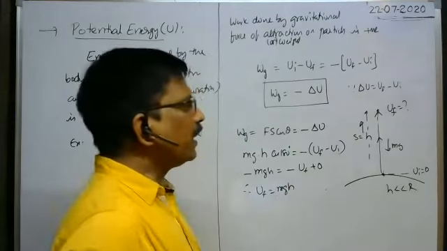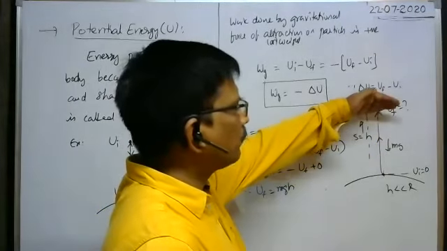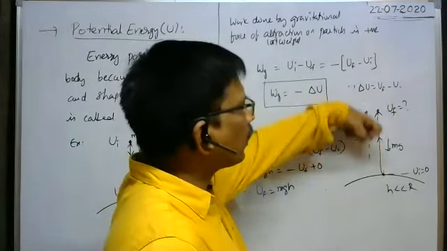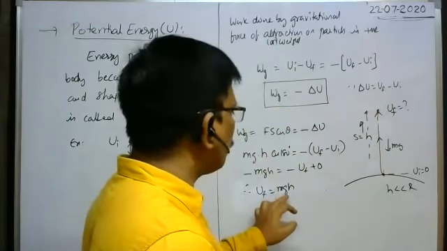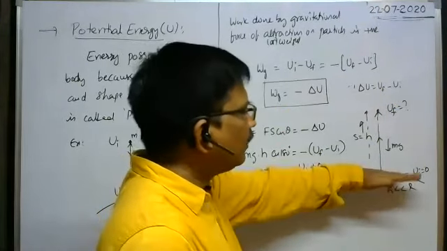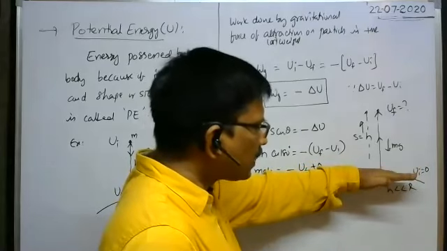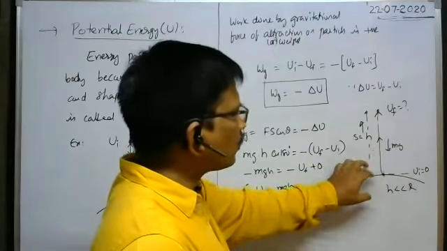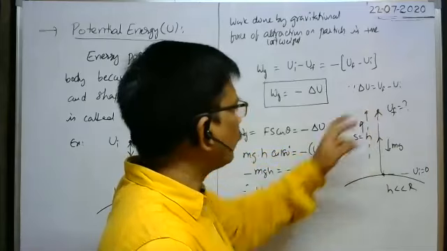That means when the body is at a height h, the gain in potential energy of the body is equal to mgh. If you consider the potential energy at the surface of the earth to be 0, then the potential energy of the body at a height h is equal to mgh.